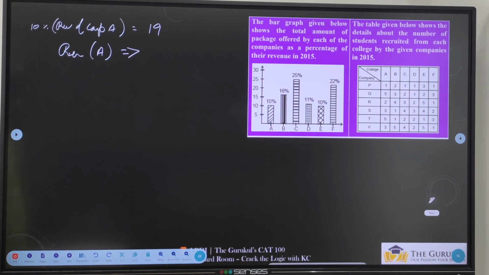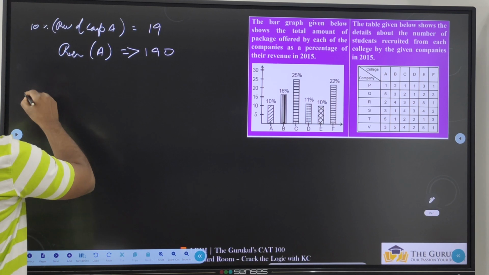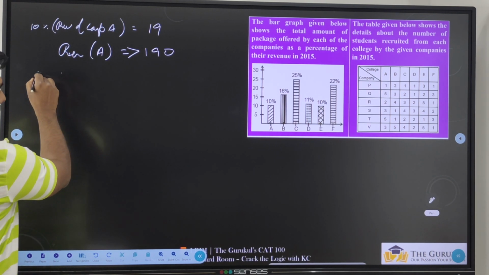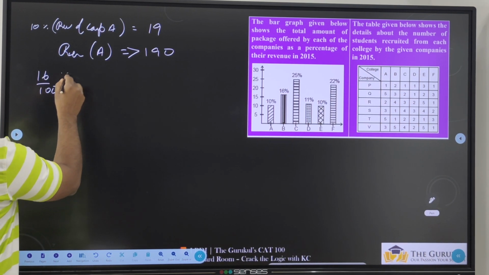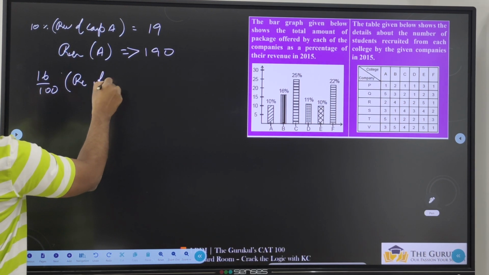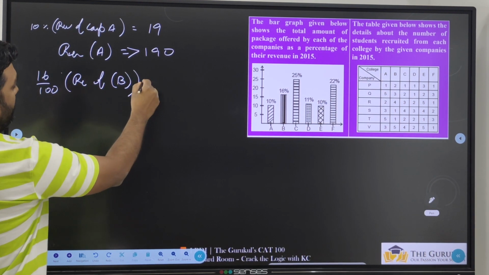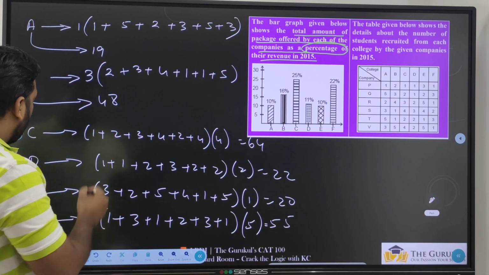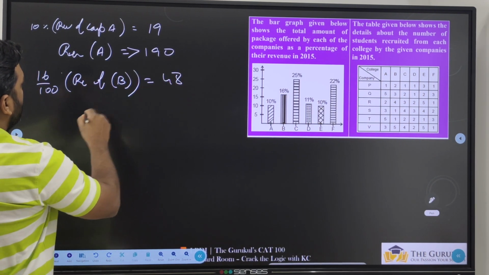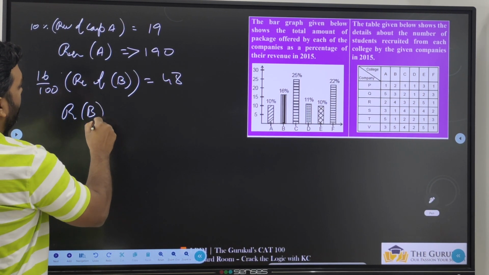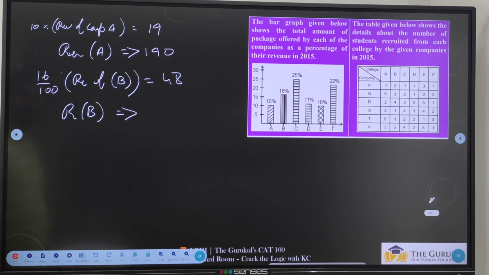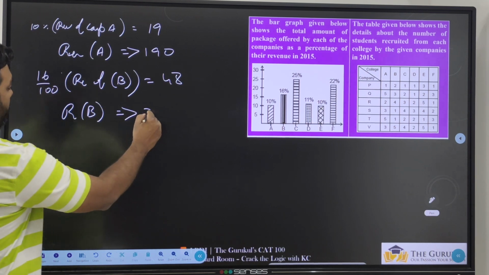If 10% is 19, total revenue will be equal to 190. Now, second one, 16% of revenue of company B is equal to 48 lakhs over here. So revenue of B will be equal to how much? If 16% is 48, total revenue will be equal to 300.